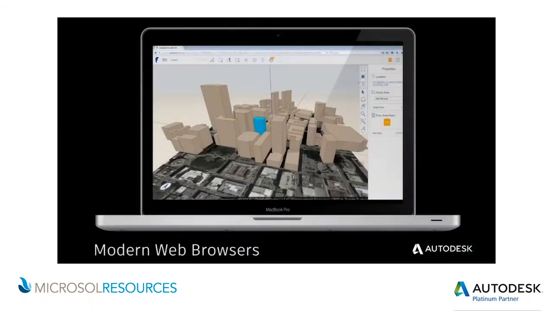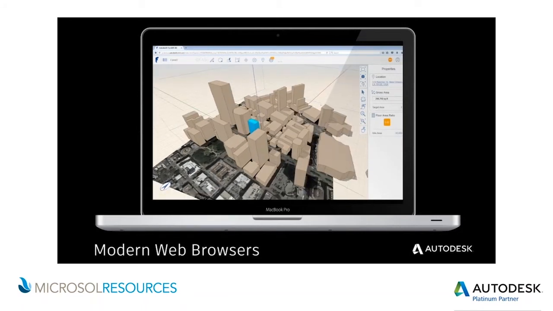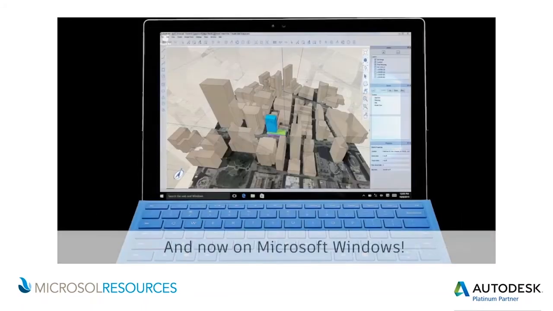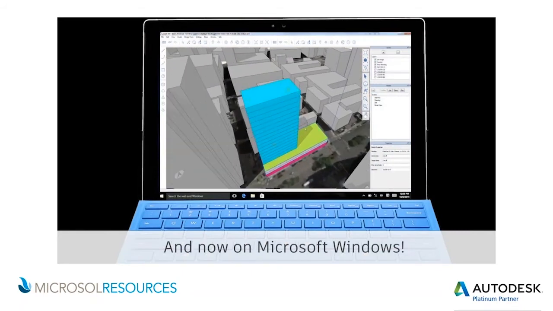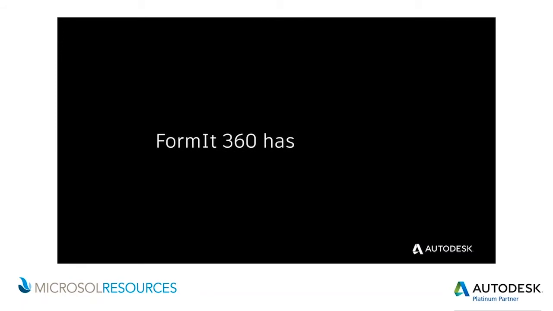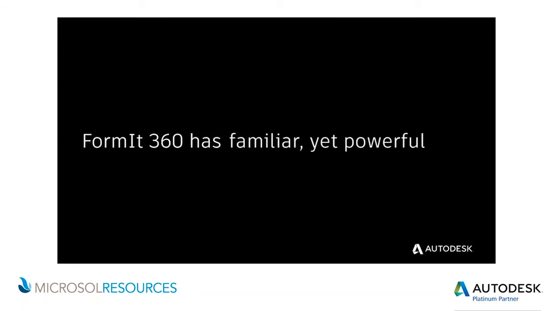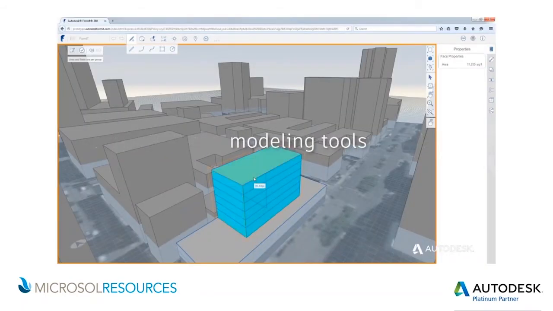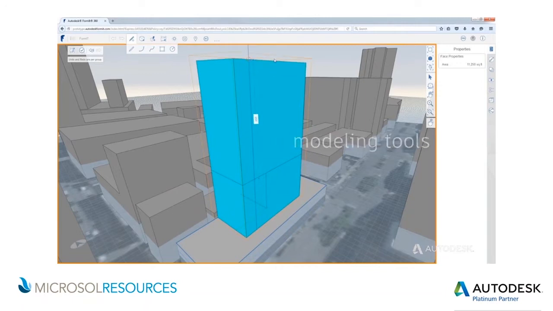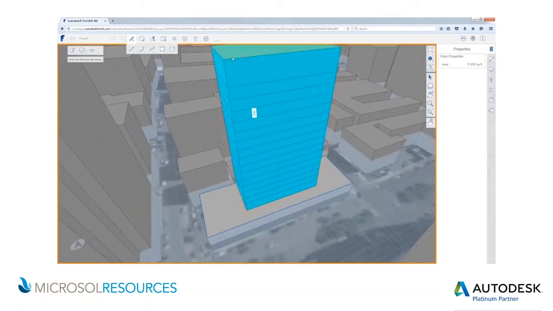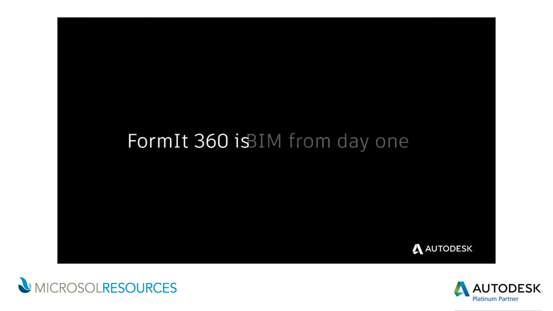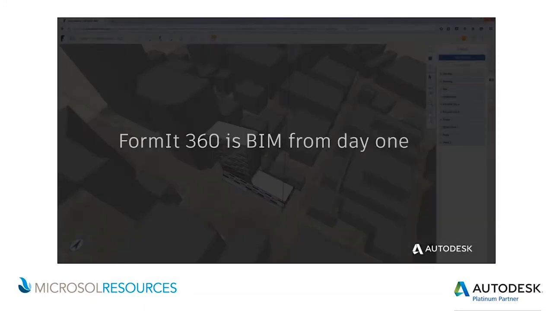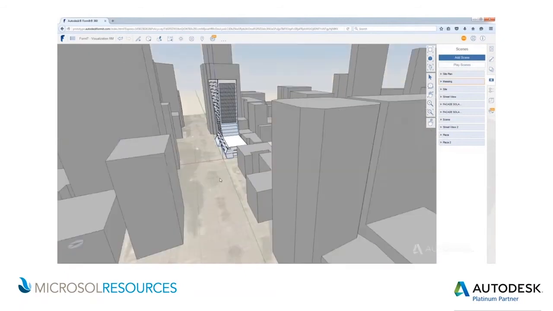Whether it be on the tablet or the browser, you can literally fire up an application online and share your information across your A360 drive. You can collaborate with others. You'll be able to modify geometry, sketch and model, do subtraction and addition, all while bringing that model directly to Revit.